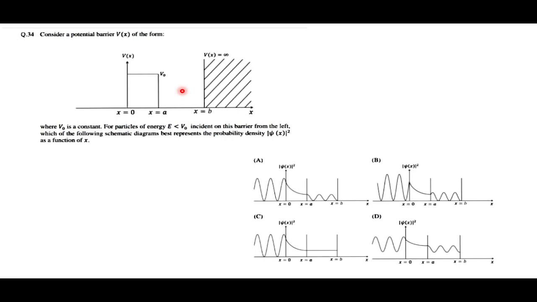So your k3 magnitude will be root over 2m by h cut square times V naught minus E. So here k3 is different from k, right? Please verify this condition.